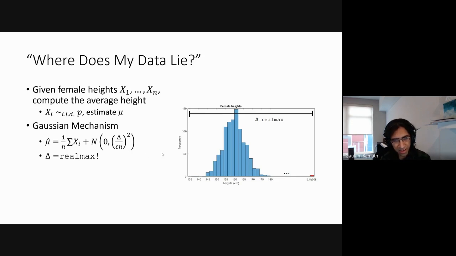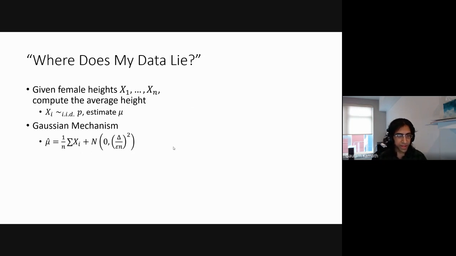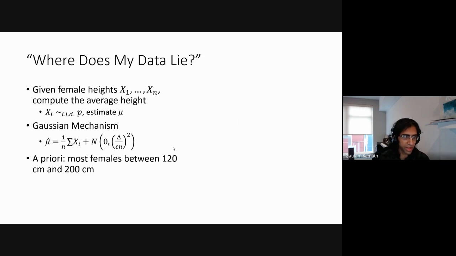This is of course silly because we're looking at the heights of humans, which cannot be 1.8 times 10 to the 308. So the way we get around this generally in differential privacy is by having some sort of way to find the range of where human heights lie and clipping our data to that range.